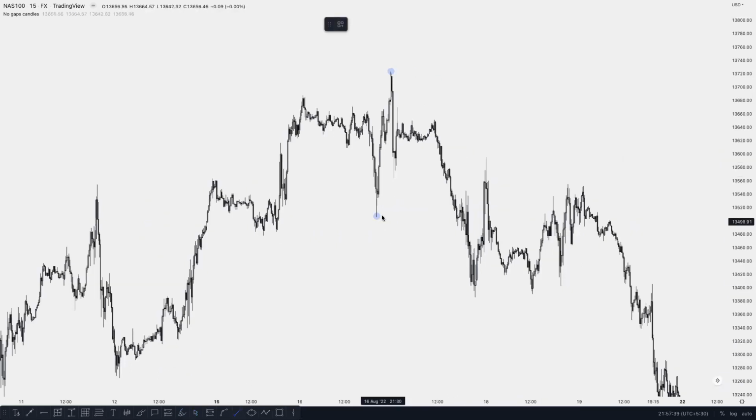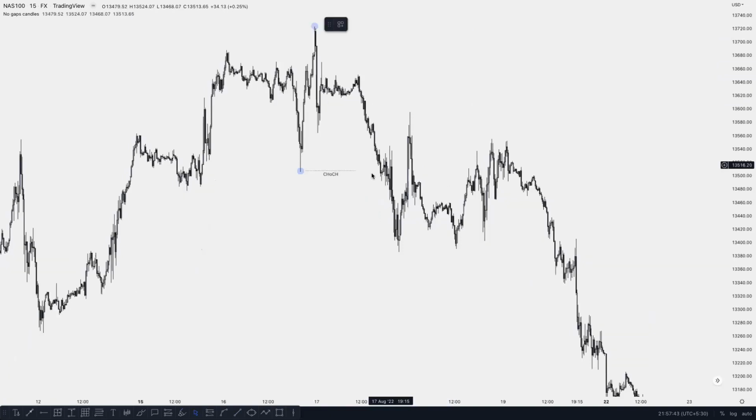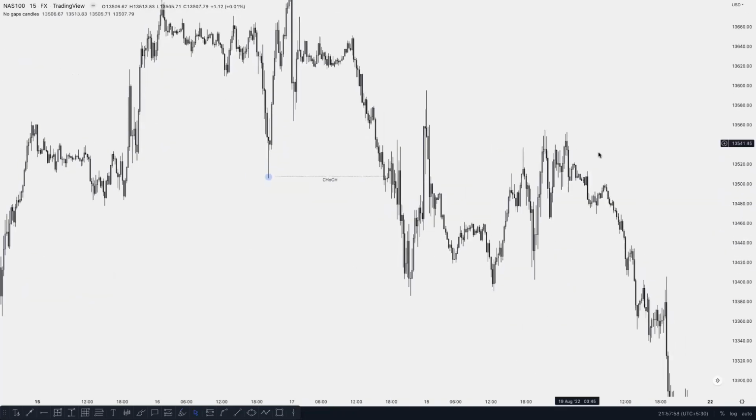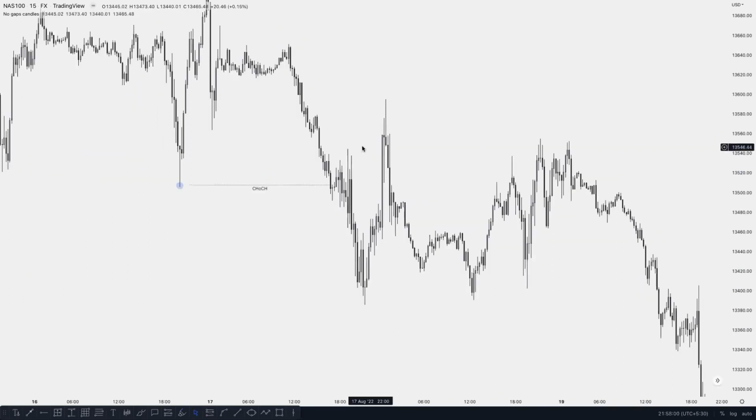And this one, change of character is here. After the change of character, what happened here? Yes, this one is also, I think, a break of structure pushing downside. This is a minor inducement, this is a major.